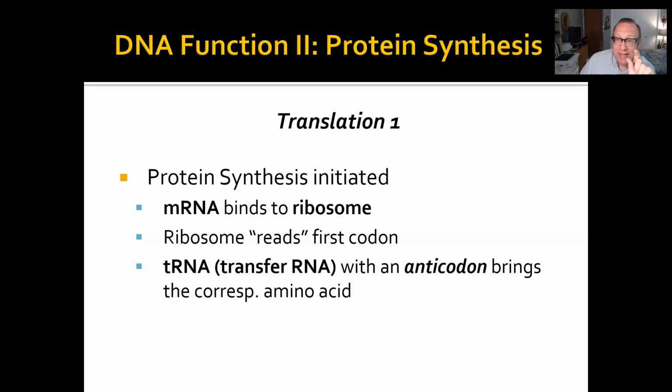The snippet of RNA is like a codon. It's actually an anticodon. It's the opposite of the codon that's been read by the ribosome, so that they'll fit together, right? So the anticodon is connected to an amino acid, and it brings it to the site of the ribosome.